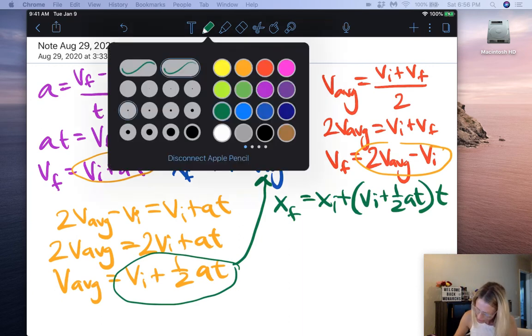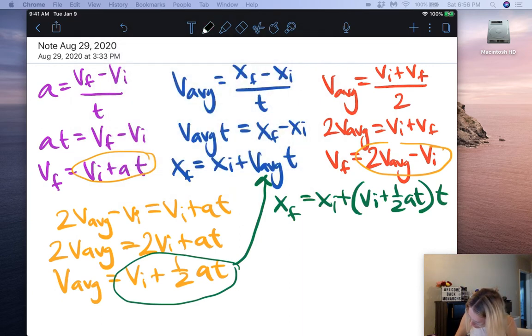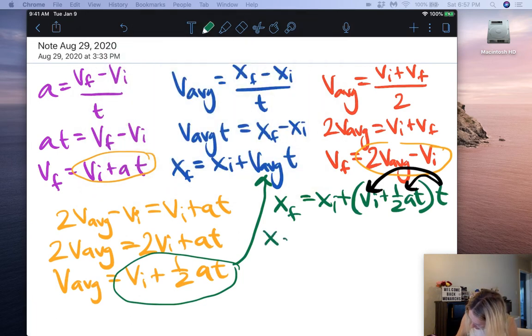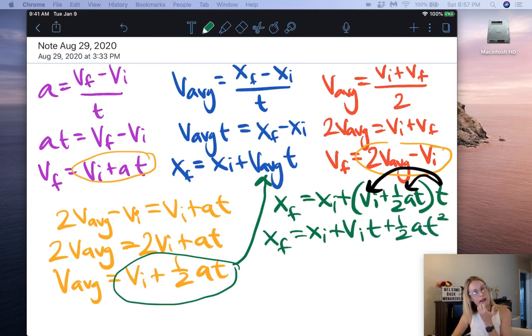So now I am going to distribute this time to both terms: I distribute it to that initial velocity and to this term right here. And we end up getting final position equals initial position plus initial velocity times time plus 1/2 acceleration times time squared.